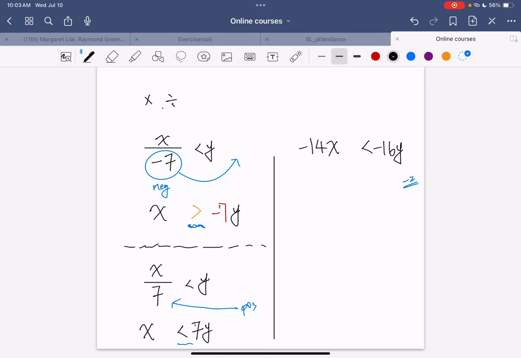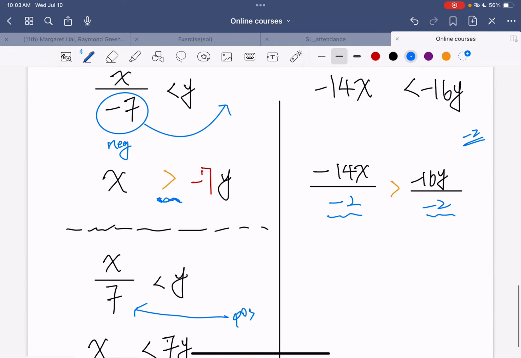We write it with more detailed steps. We have minus 14x divided by minus 2, and on the other side, minus 16y divided by minus 2. At this point, we have to remember to change the sign, because the number we are dividing by is negative for both sides. And then what we get will be 7x greater than 8y.